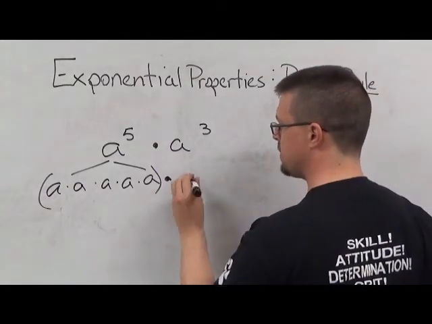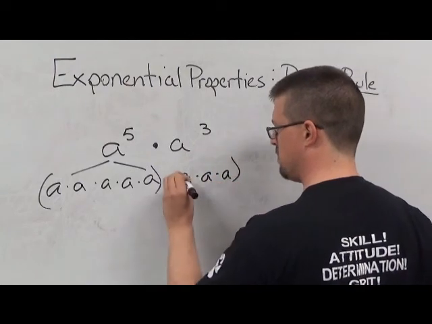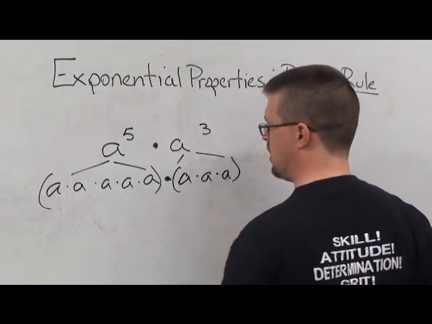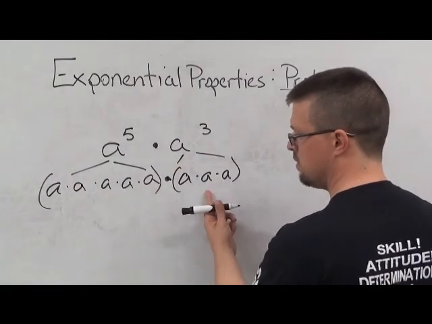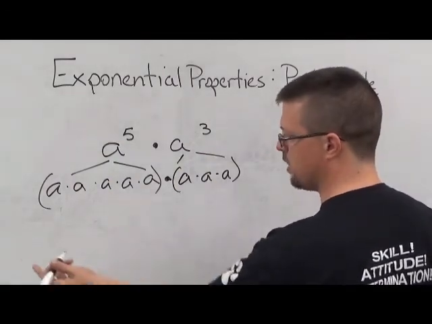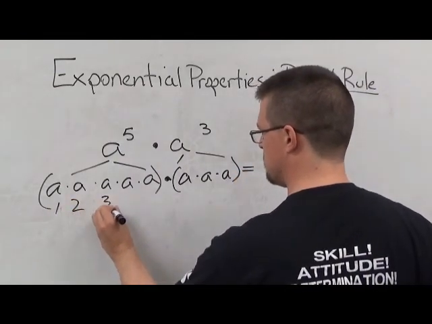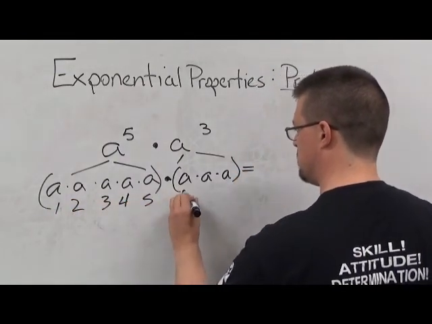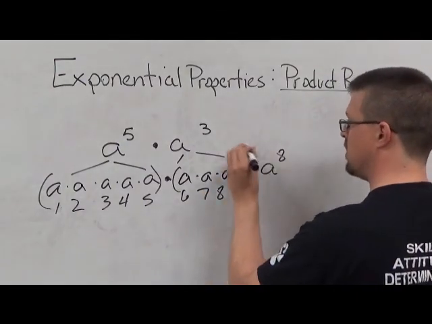Well, according to our exponent, 3 of them. Well, think about this. We're multiplying 5 a's here, another 3 a's here, and we're multiplying all together. How many a's are we really multiplying together? Well, you probably already guessed it, but we're multiplying 8 a's together.